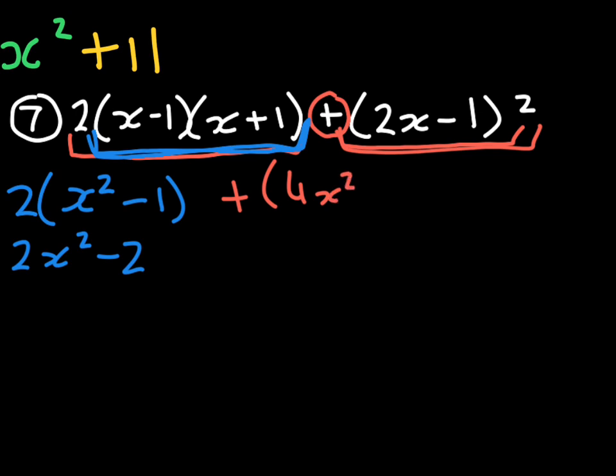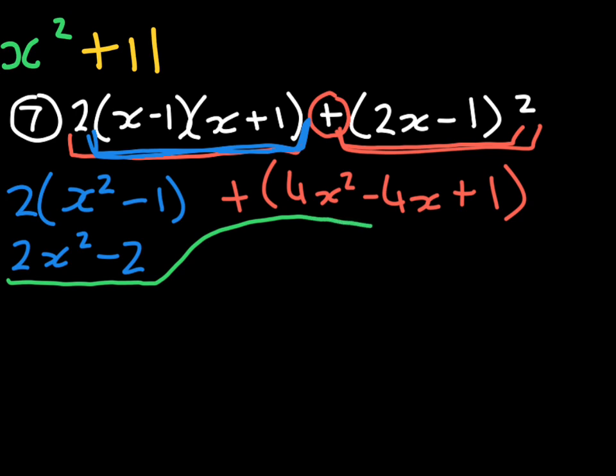We then multiply the 2 terms and double, so 2x times minus 1 is minus 2, but we double it, so it becomes minus 4x, and then we square the last term, so that becomes plus 1. So now our new expression is 2x squared minus 2 plus 4x squared minus 4x plus 1.